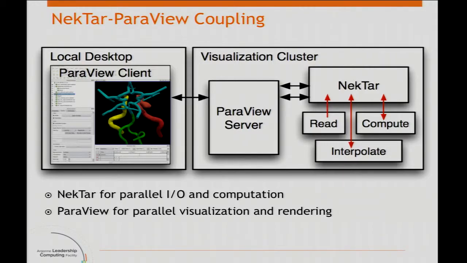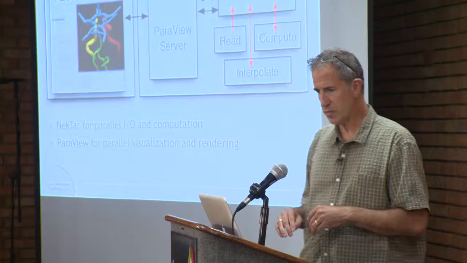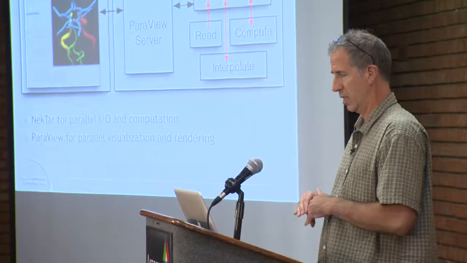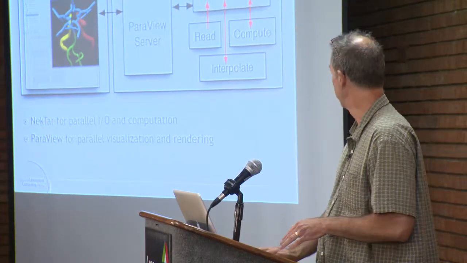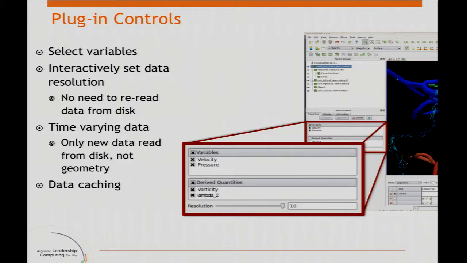Then you can leverage all of the visualization and rendering power of ParaView in parallel and use NekTar for parallel computation. I'll show a slide in a second that shows why that's important.